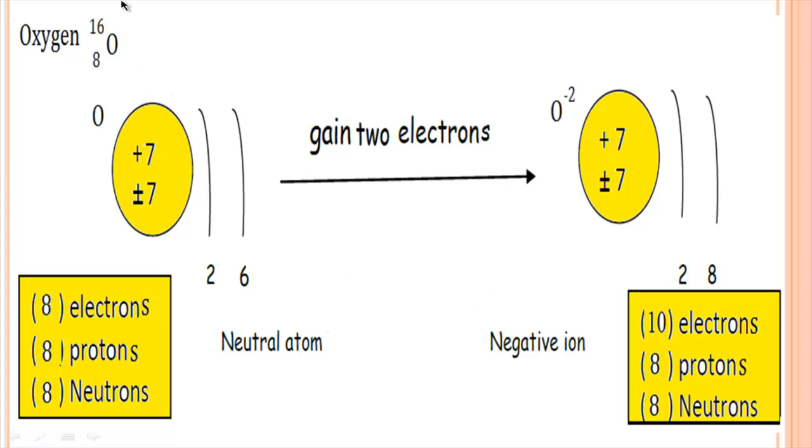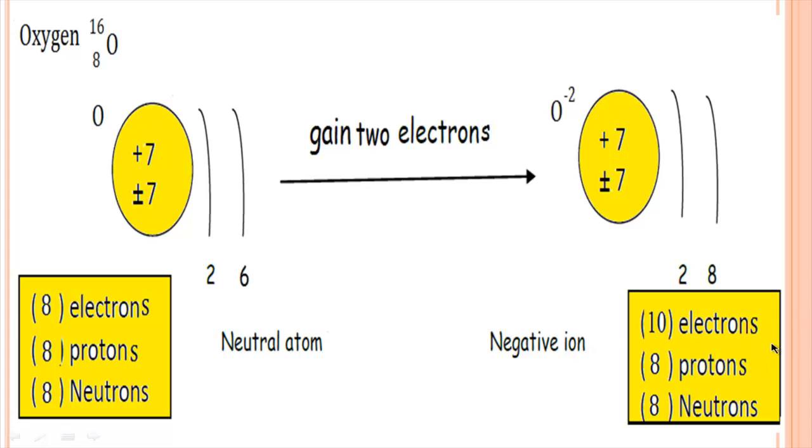As we know, oxygen is a non-metal. Why non-metal? Because its outermost energy level contains 6 electrons. So it will gain 2 electrons to form a negative ion. Why does it form a negative ion?